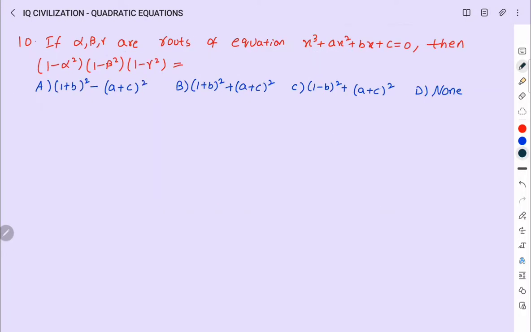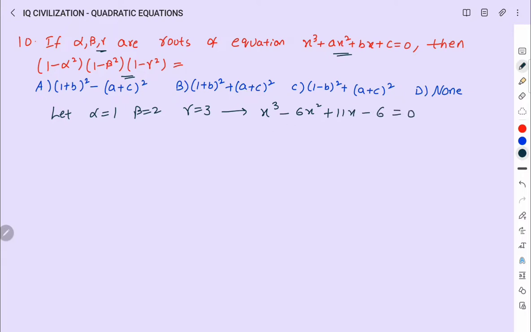Here is the next one. If alpha, beta, gamma are roots of this equation, then what is the value of this? Okay. So same story. Let alpha equal 1, beta equal 2, gamma equal 3. Then according to this, I can form my equation with 3 roots, right? x cube minus 6x square plus 11x minus 6 equals 0.